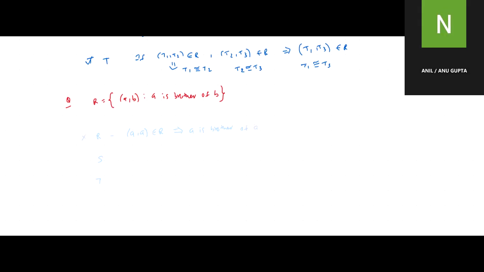Then symmetric. What is symmetric? You take (A, B) belongs to R, that implies (B, A) also belongs to R. Correct? Is it true? और एक बार सोचना, सोच समझ के बताना इसका.